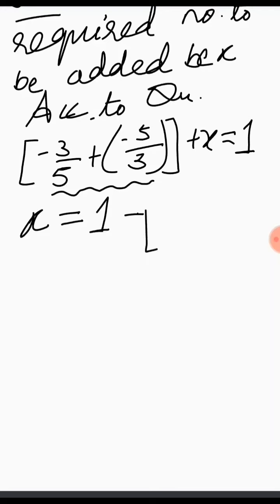and this complete, so we will write it minus 3 by 5 plus minus 5 by 3 as it is.